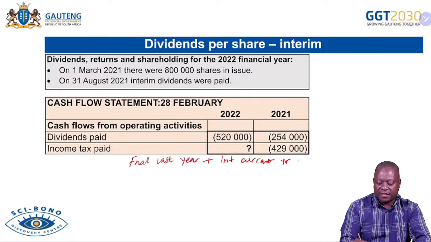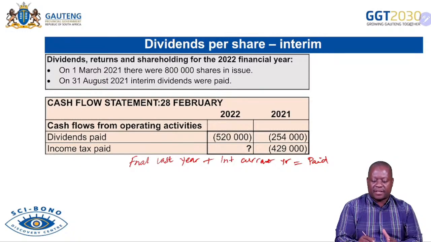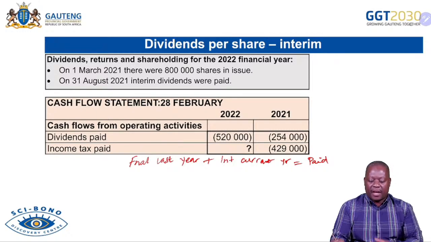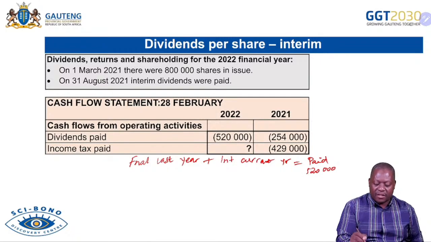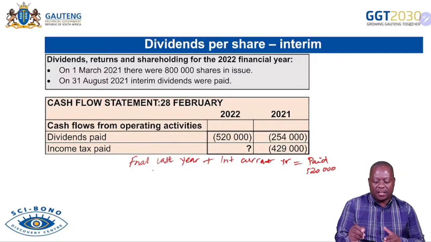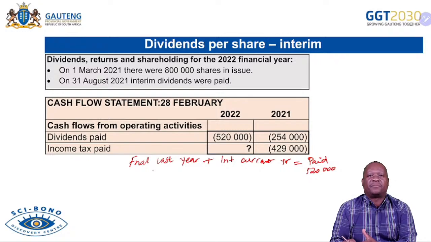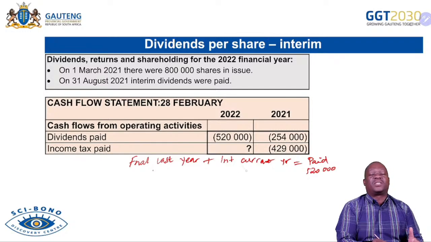Yes, it is made up of our final dividend from last year plus our interim dividend during the current year. So it means we are given this 520. If someone gives us the final dividend of last year, it means we can find our interim dividend. It means also if someone gives us our interim dividend, we can find the final dividend of last year.